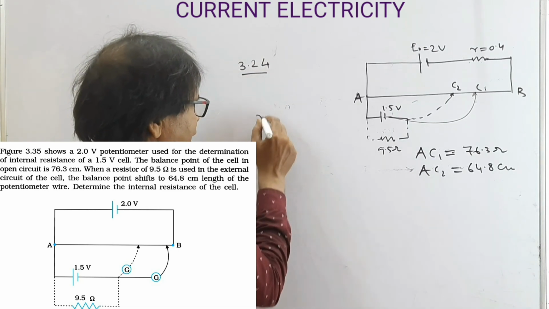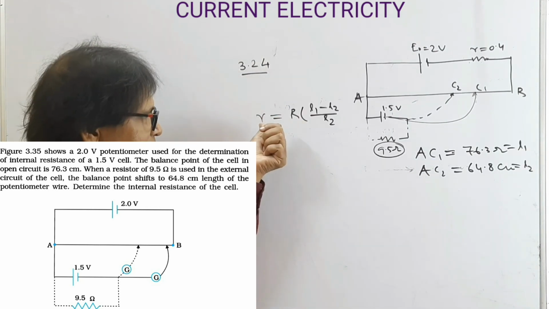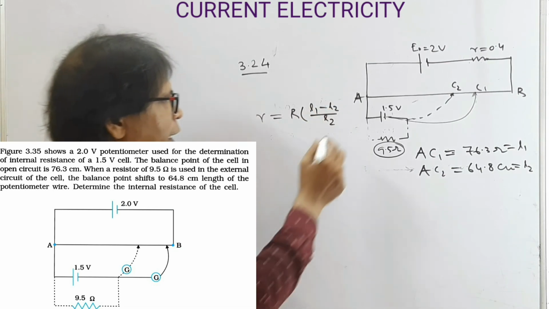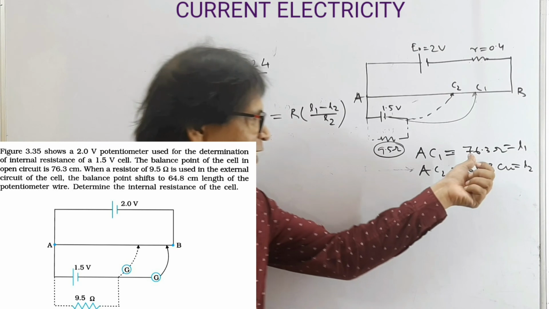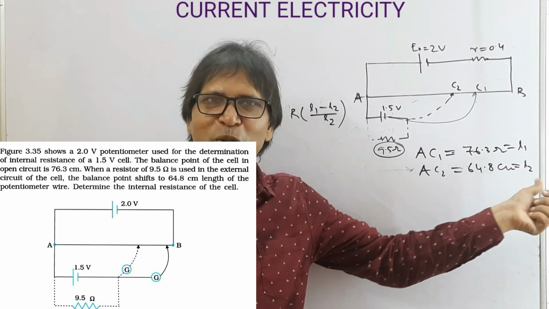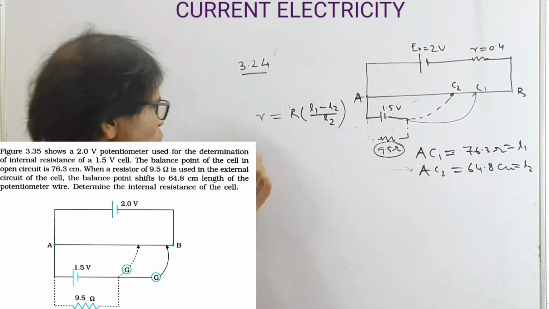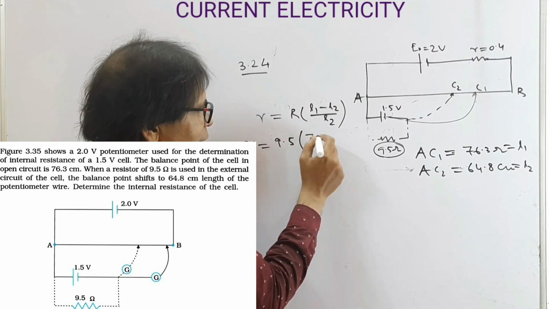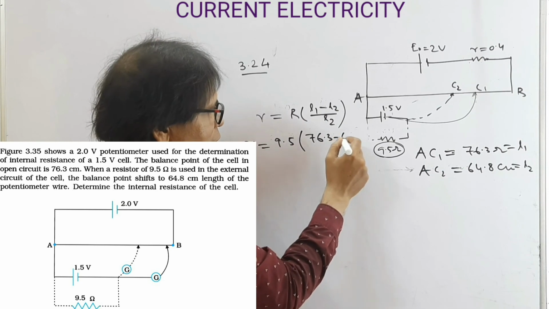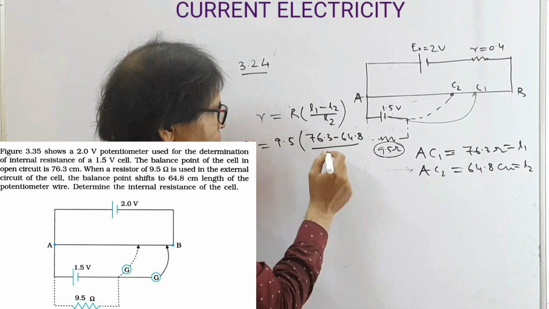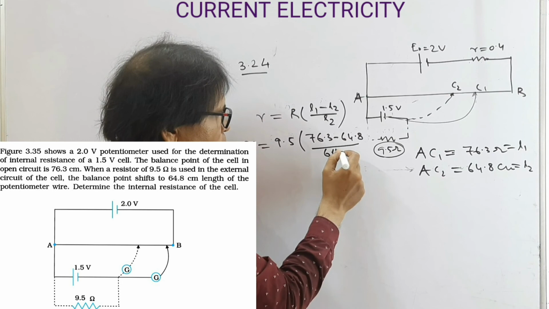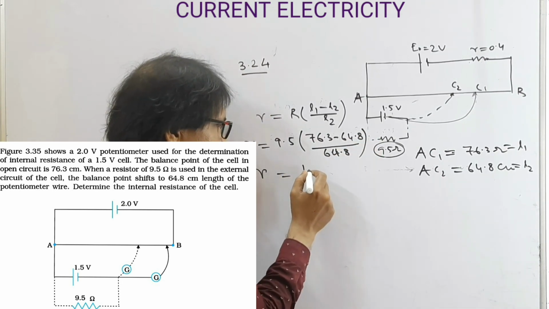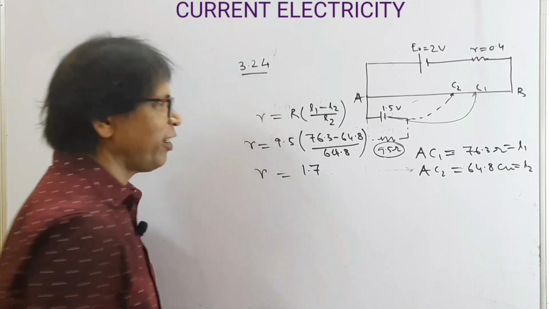Now internal resistance small r is equal to capital R into (L1 minus L2) by L2. This is L1, this is L2, and R equals this. So small r equals 9.5 into (67.3 minus 64.8) divided by 64.8. Okay, so the internal resistance is almost 1.7.